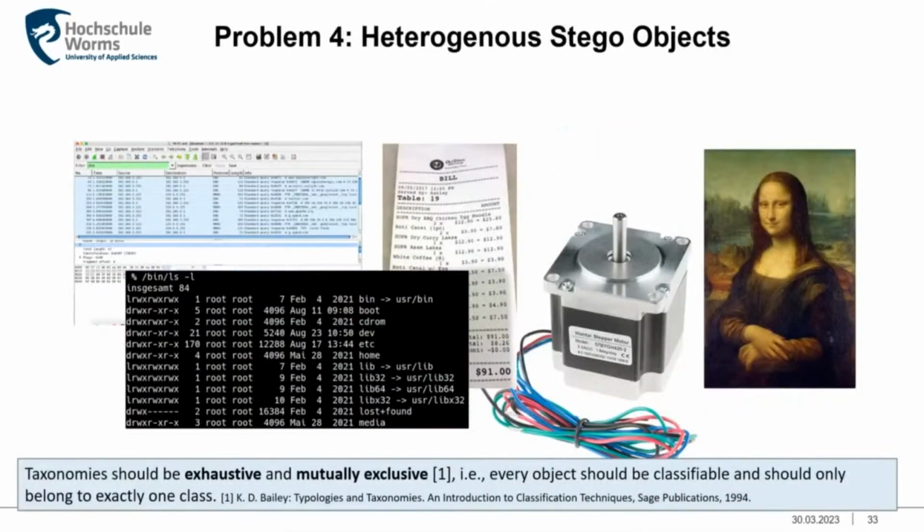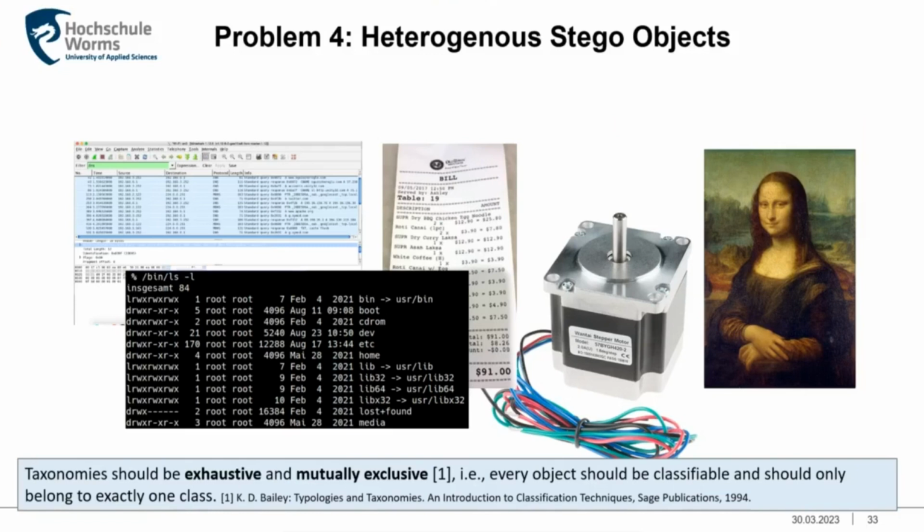Then the next problem was the previous taxonomies were always specific, like for image steganography or for network steganography. So they did not need to consider that a term might have a different understanding in a different domain.